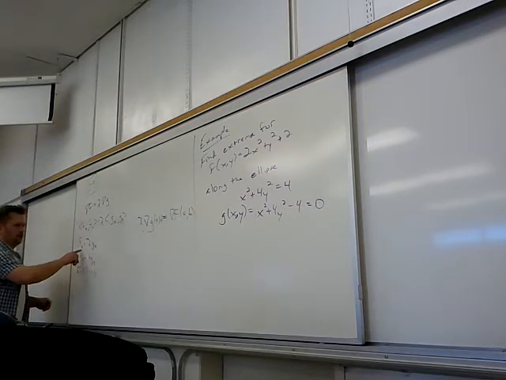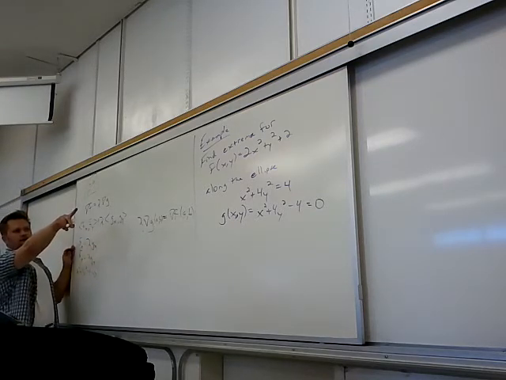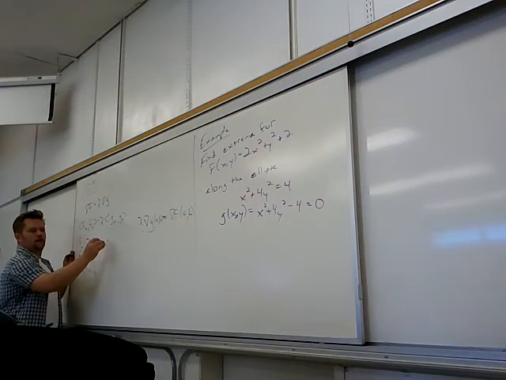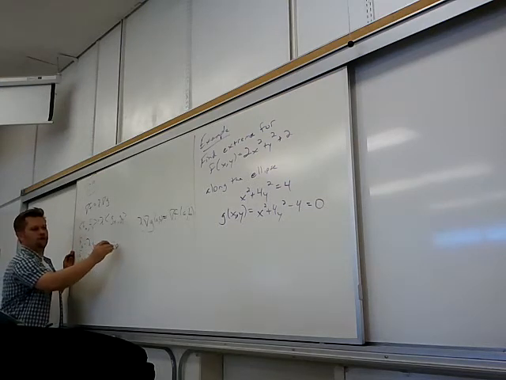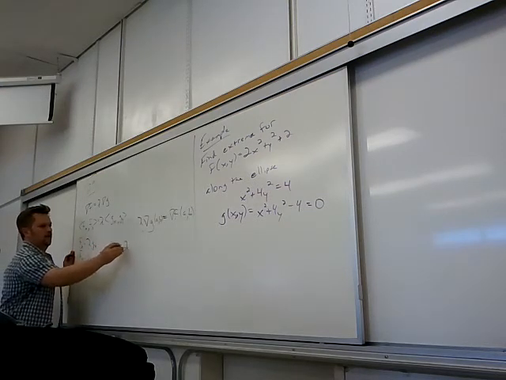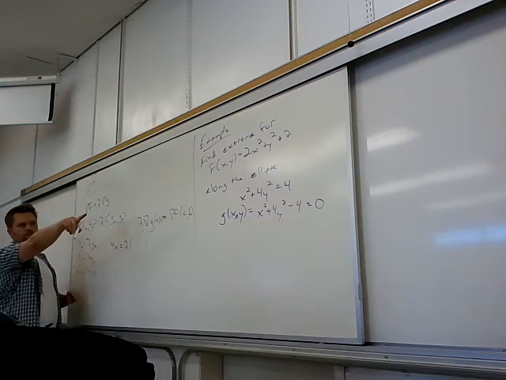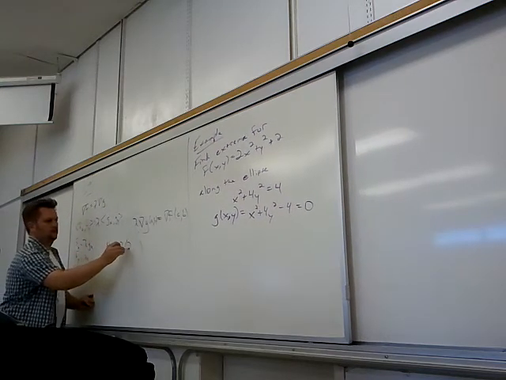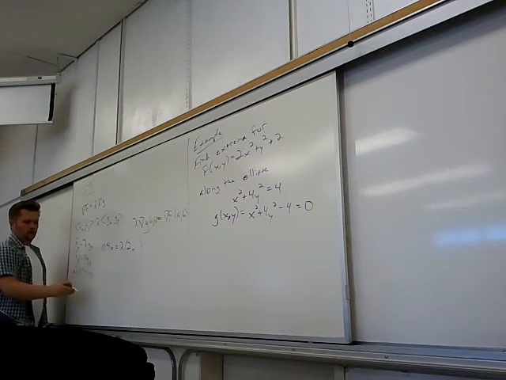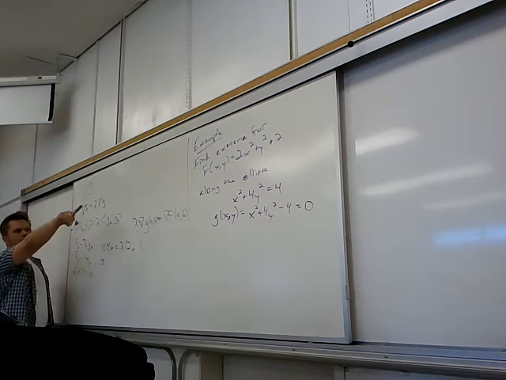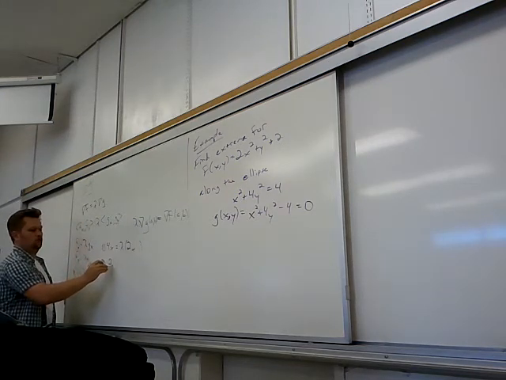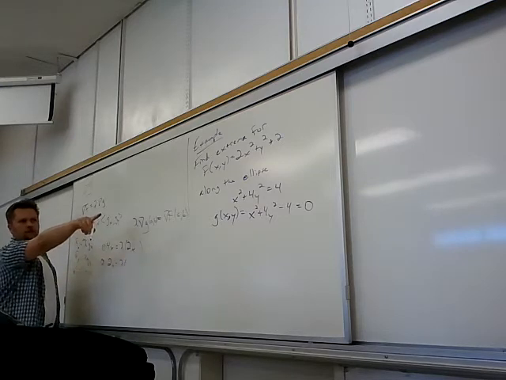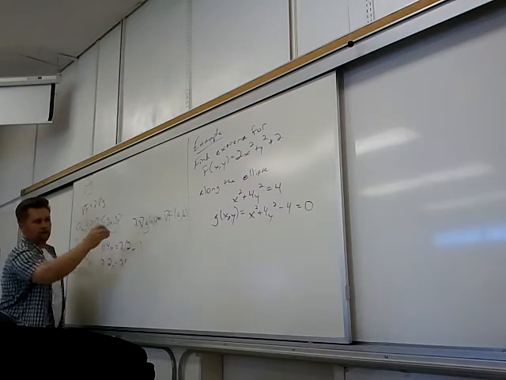So what's this equation going to look like here? What's fx? 4x equals lambda times, what's gx? 2x. So that's one equation. Fy, 2y equals lambda times 8y, right?